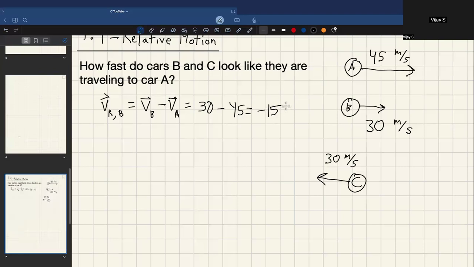What this is telling us is that car A looks at car B and sees car B moving backwards to the left, right? From our point of view it's to the left, but from car A's point of view, they're moving less in car A's direction. They're moving backwards compared to car A at 15 meters per second.